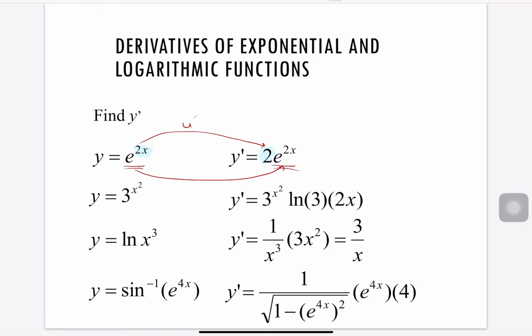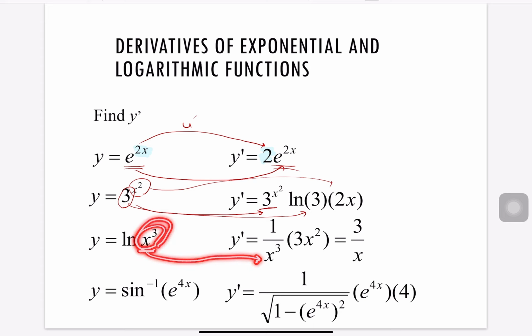But here is different because I have to write the same function multiply ln of this number, multiply the derivative of x squared, which will be 2x. And for ln x cubed, the derivative is 1 per u, here x cubed, multiply the derivative of x cubed, and this will be the result after simplifying.